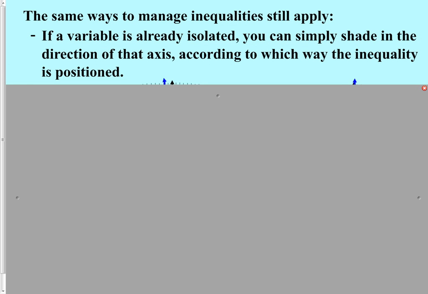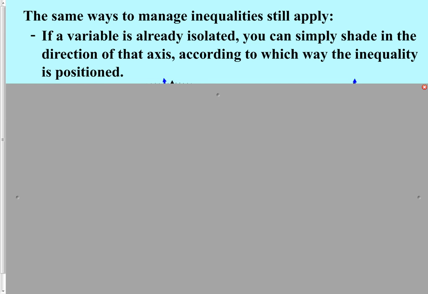Okay, if your variable is already isolated, that is obviously very easy to do the shading. If the variable is already isolated, we simply shade in the direction of that axis according to which way the inequality is positioned. So if the problem wants to say y is smaller, then we shade downward. If the problem wants to say y is larger, then we shade upwards.